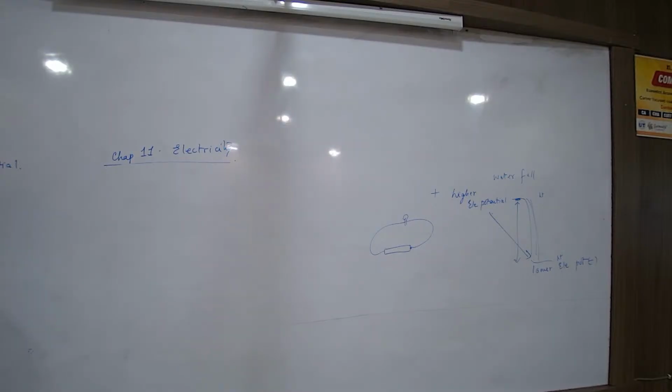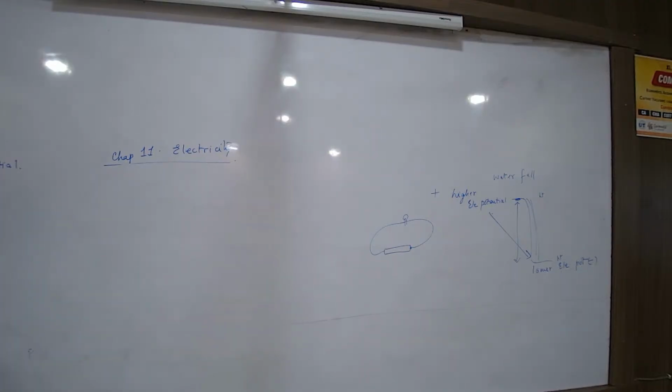First one is what is an electric circuit? A continuous and closed path of an electric current is called an electric circuit.